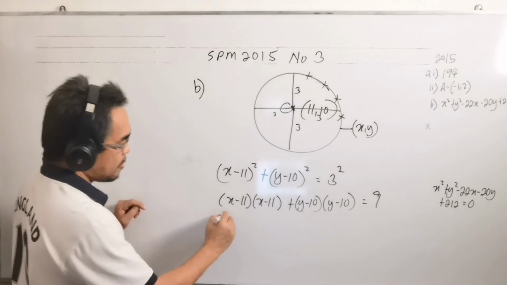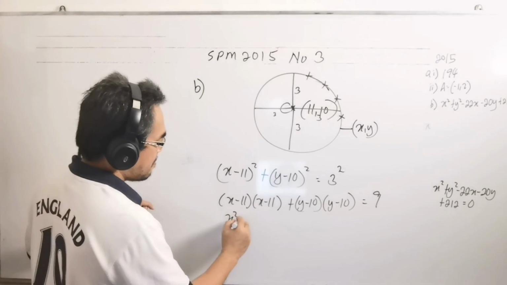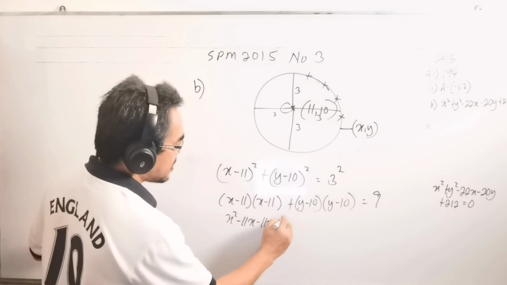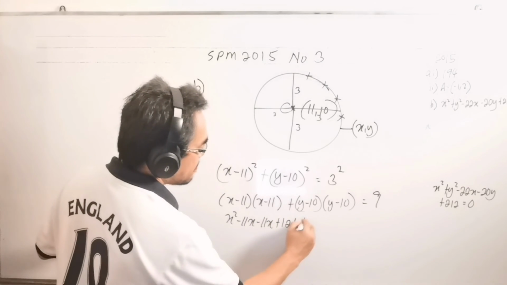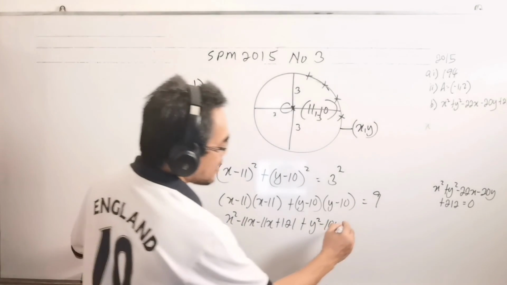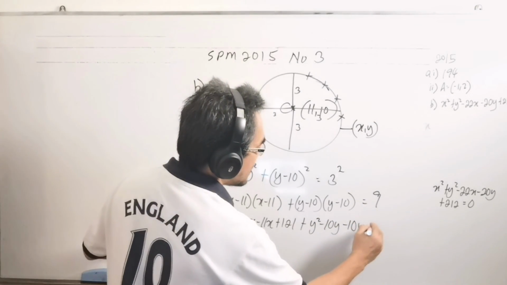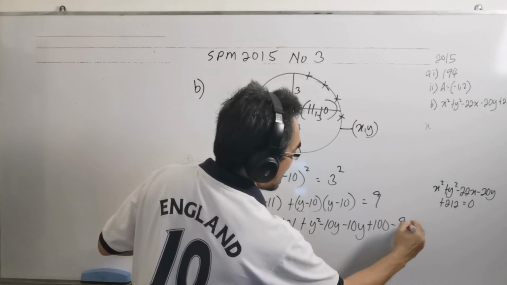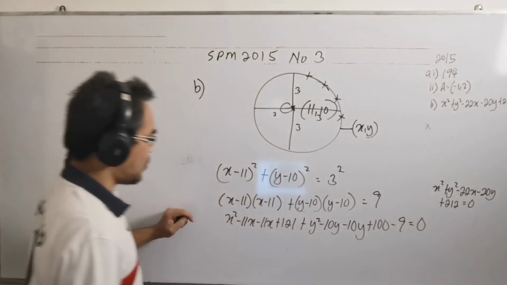So it becomes x squared minus 11x minus 11x plus 121 plus y squared minus 10y minus 10y plus 100, minus 9 equals to 0.